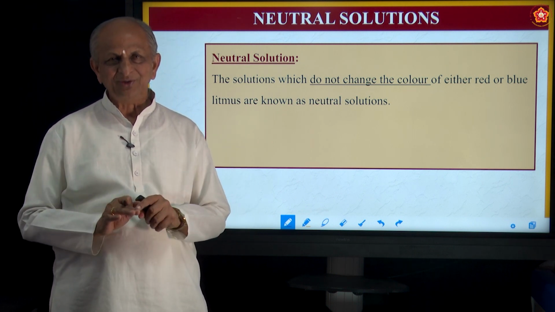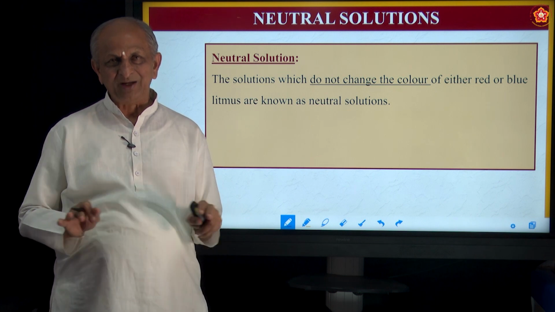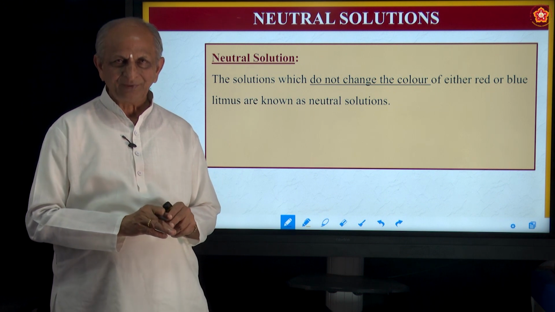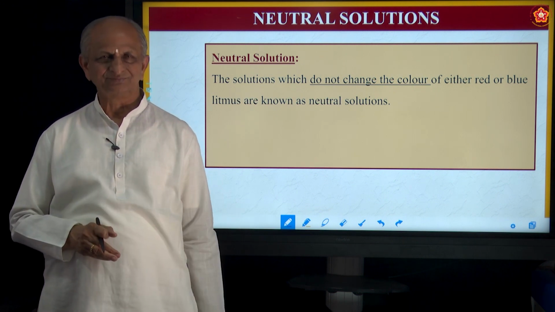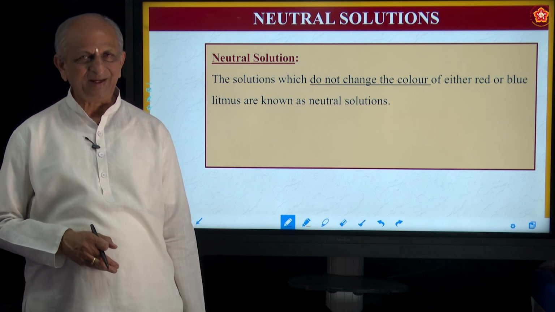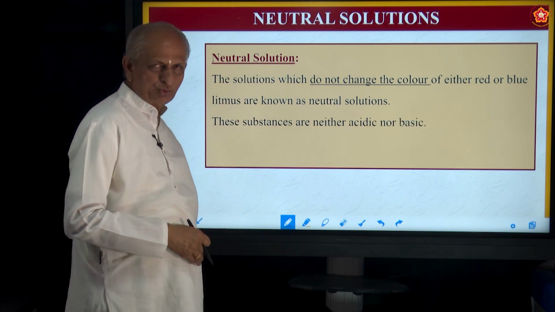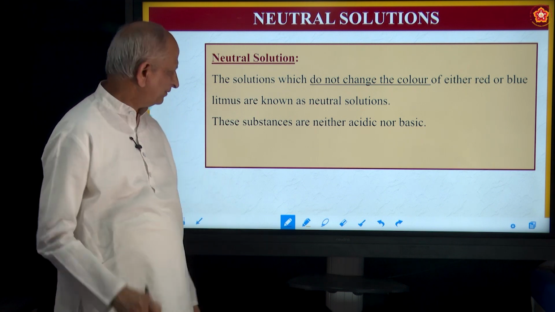Then they will also not be perturbed. Neutral means they will not be upset by scolding or by praising. Okay, you will be like that? Okay. So like that, just as the water, pure water, drinking water is neutral.